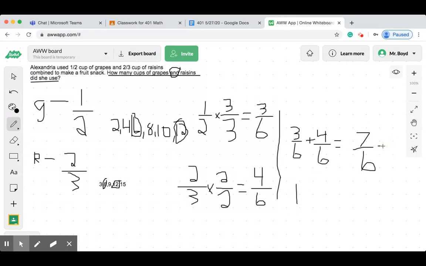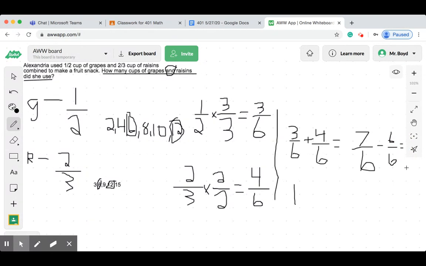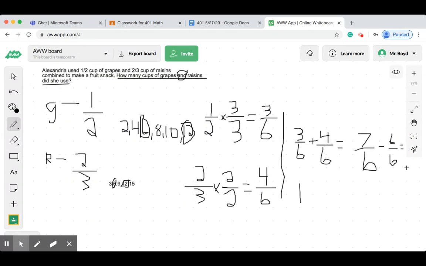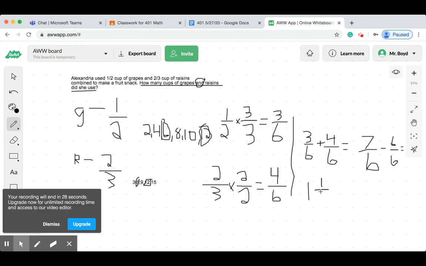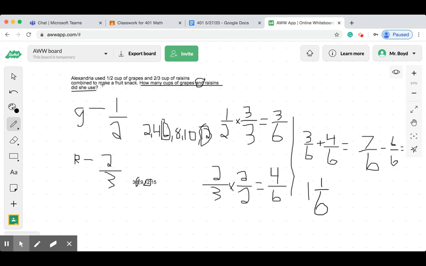So if I do minus 6/6, because that would be 1 whole, because we know anytime the numerator and the denominator are the same, it's equal to 1, it will give me 1/6 as my answer, so I'll have 1 and 1/6.